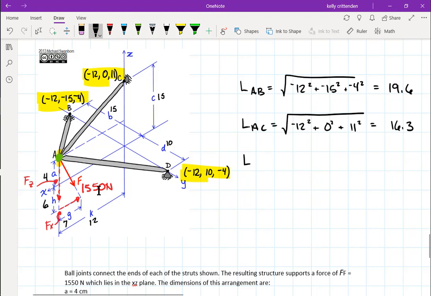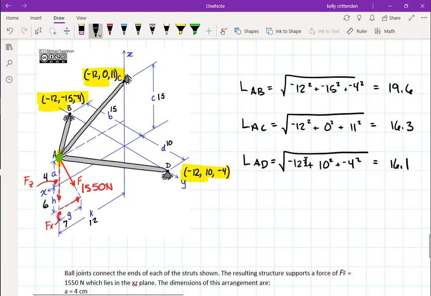And then AD is negative 12 squared plus 10 squared plus negative 4 squared. All right. 16.1.